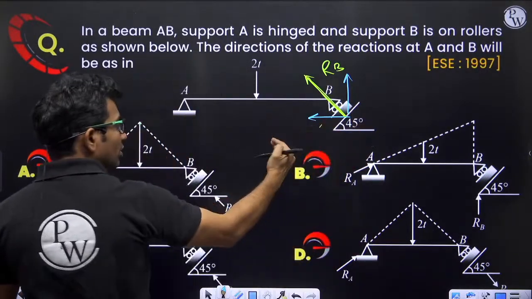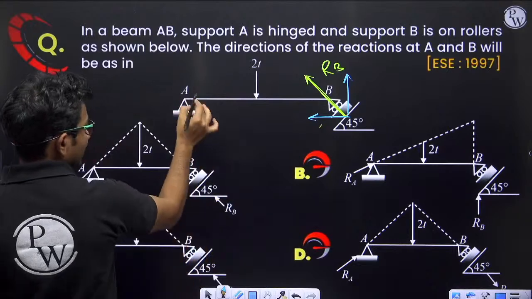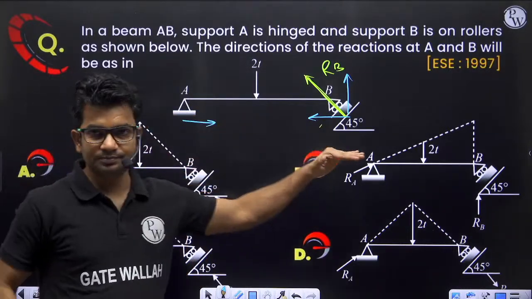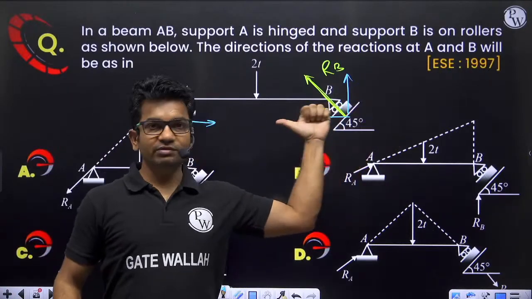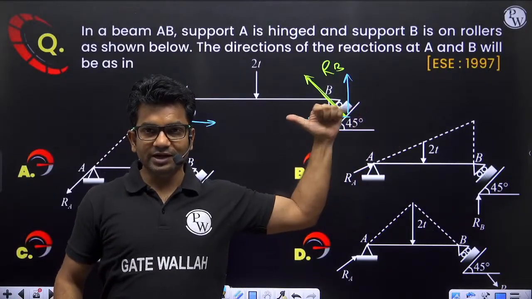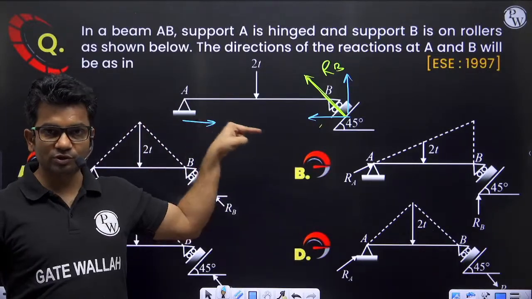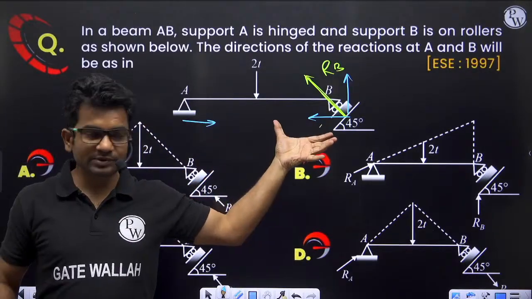Now in order to counter this horizontal component, at this support reaction also there will be one horizontal component, yes or no? One horizontal component will be coming in this direction, and in order to counter this horizontal component, equal and opposite horizontal component should be here. Then only this beam will be stable.